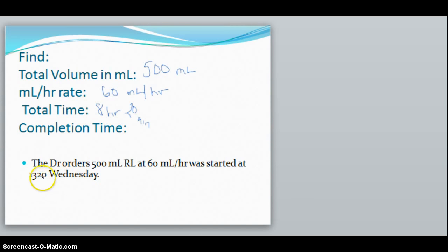So I'm just going to count the 8 hours. So 14:20, I'm using my fingers, 15:20, 16:20, 17:20, 18:20, 19:20, 20:20, 21:20. And so I have my hours as 21, but I do have to add 20 minutes.